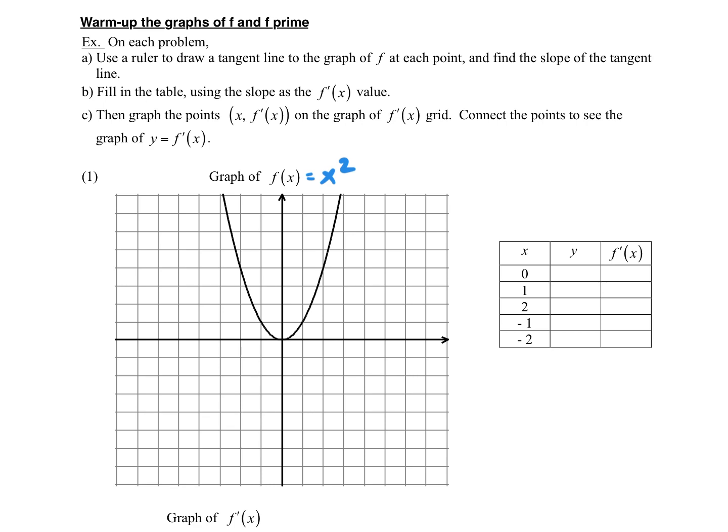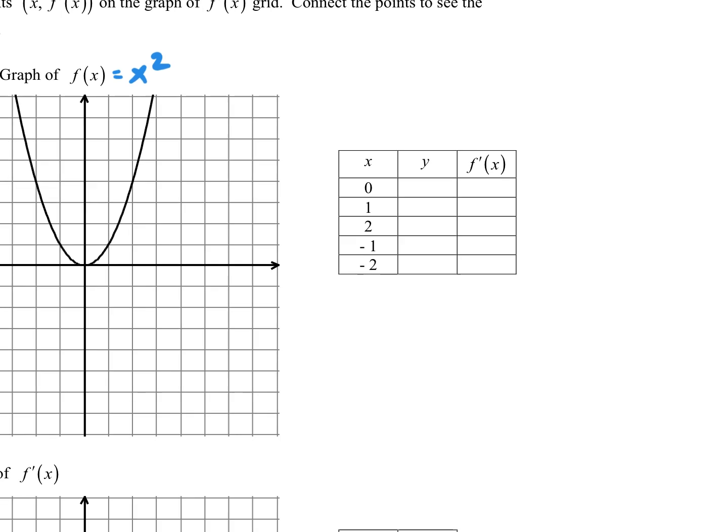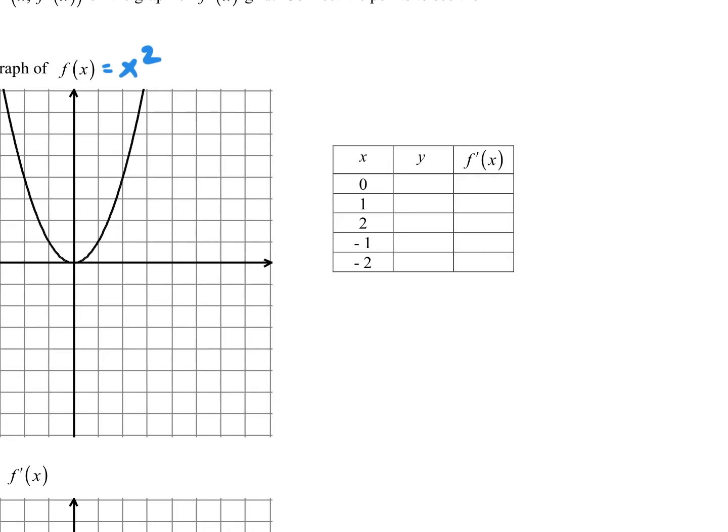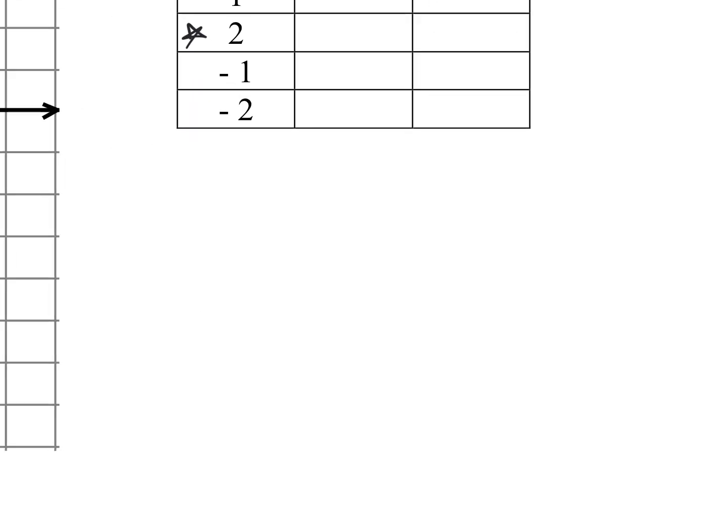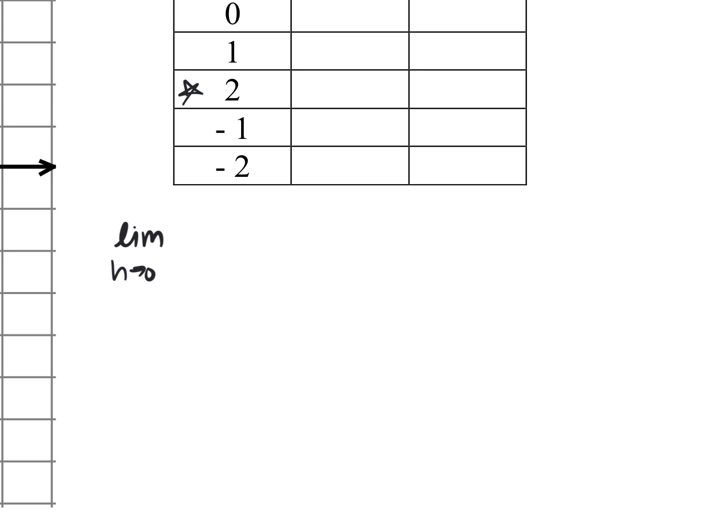So what I'm going to do is zoom down in here. We are going to evaluate using our definition of a derivative at the point 2, okay? So we are going to say the limit as h approaches 0 of my function, which is x squared, so I am not plugging in x plus h squared.